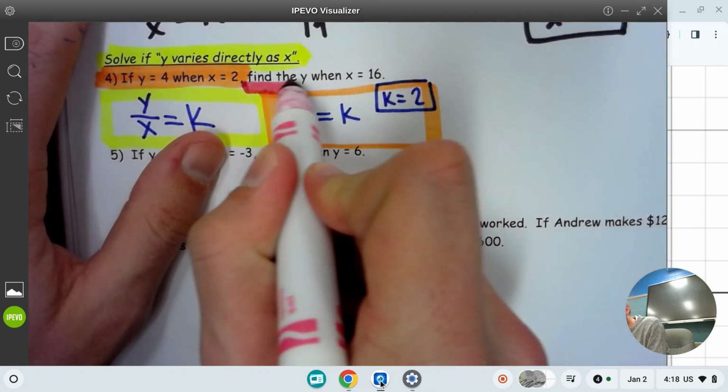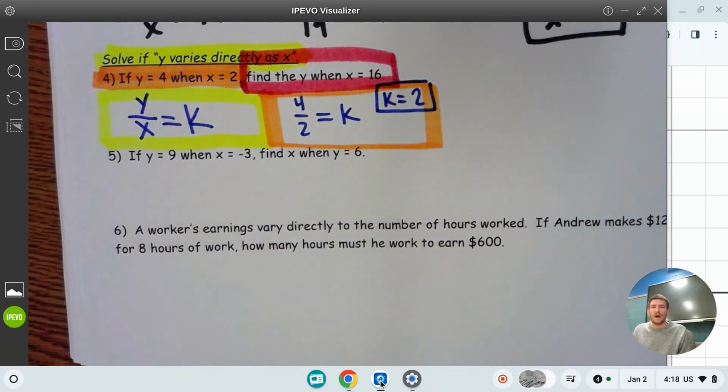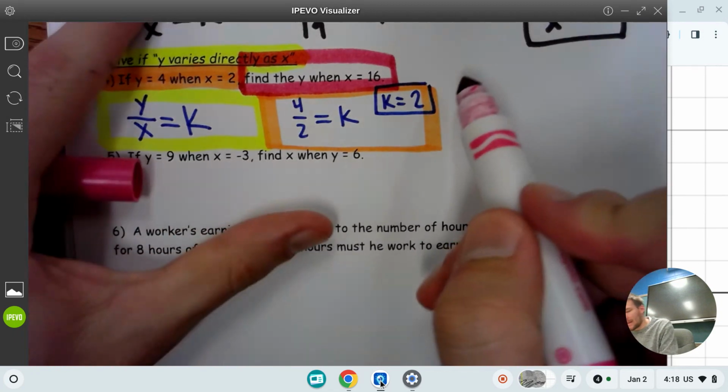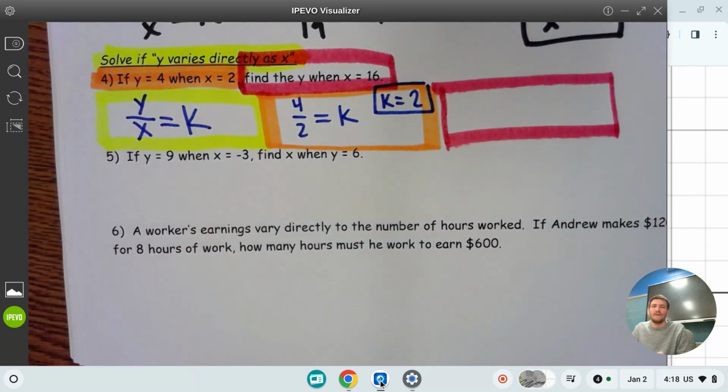All right? This third part here says find y when the x is 16. This third part is where a lot of students go from, hey, this is so easy, it's a waste of time, to all of a sudden, I'm having to think about this a little bit, okay? Here's what's going on.